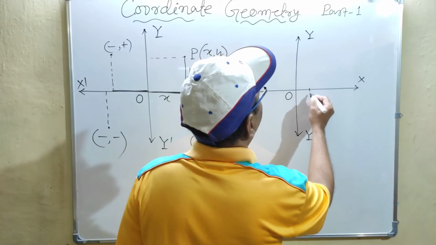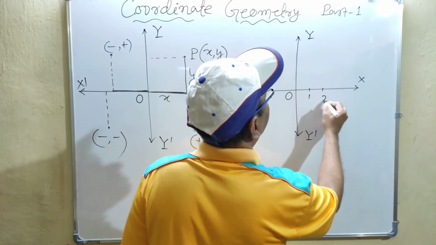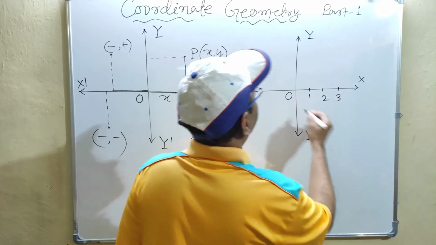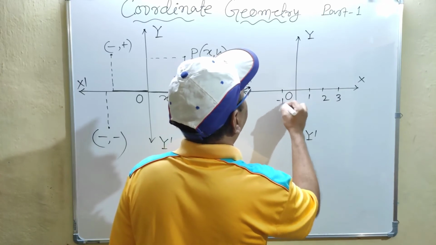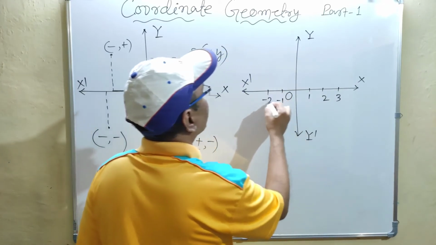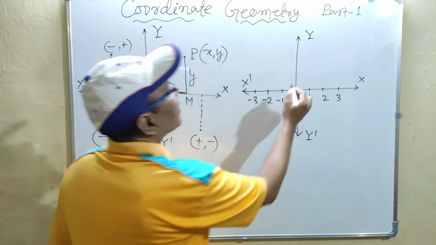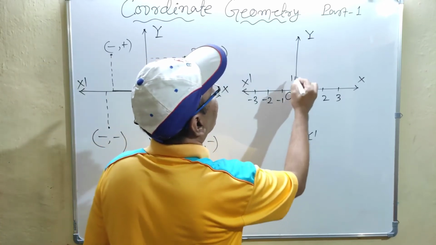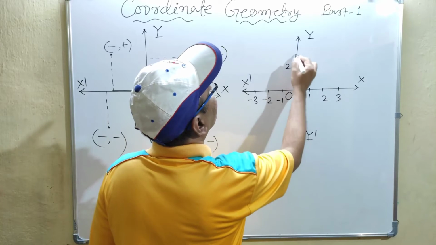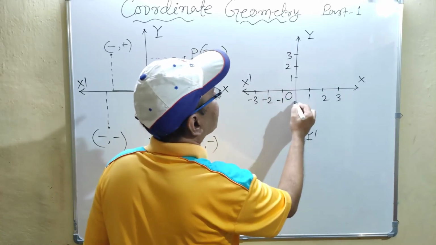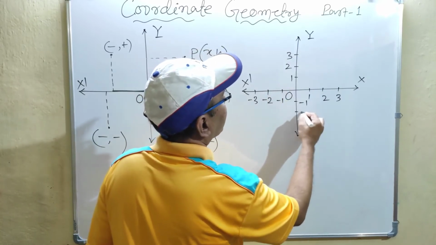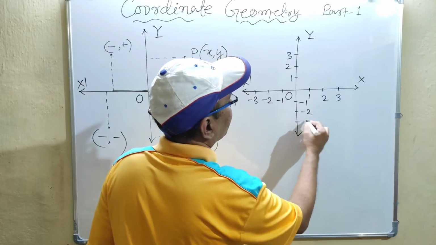This side we take positive distances like 1, 2, 3 and so on. This side we take negative distances: minus 1, minus 2, minus 3 and so on. Upward side on y-axis 1, 2, 3 positive distances, and this side minus 1, minus 2, minus 3.